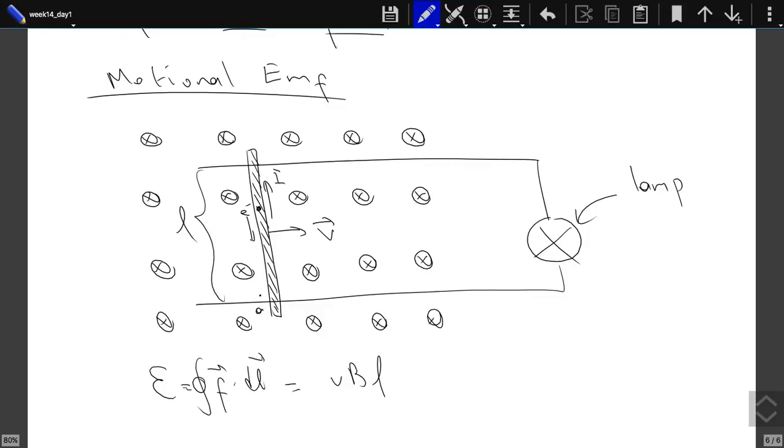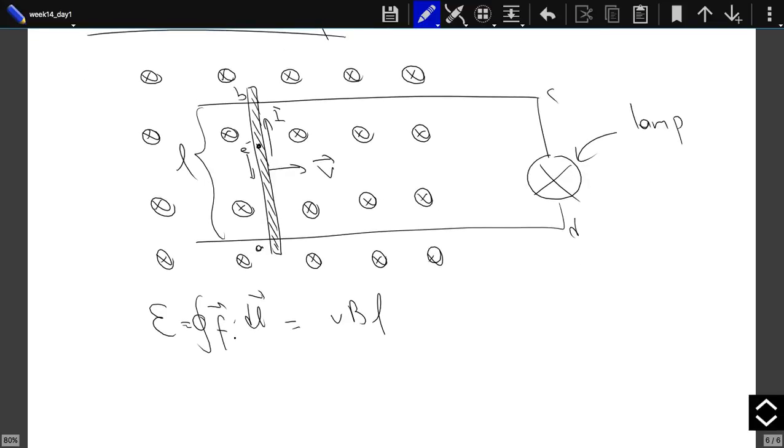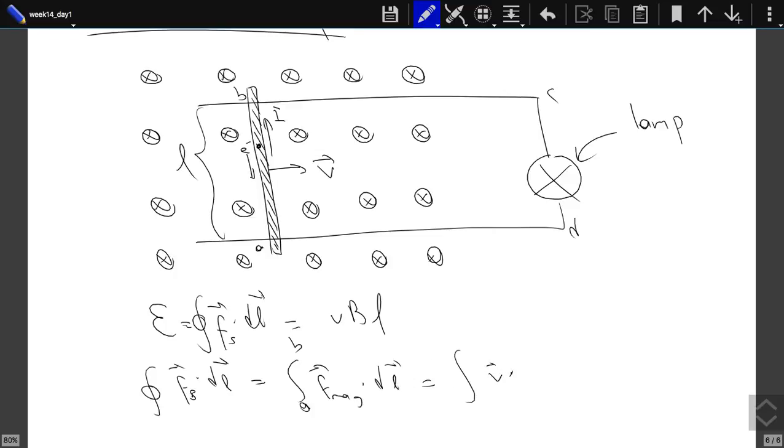Let's give some names, A, B, C, D, etc. The integral of f_s dot dl, this is the force due to the source that is creating the EMF. This is just from A to B, the magnetic force, that dl. Again, this small f is the force per unit charge. So this is v cross B dot dl from A to B.